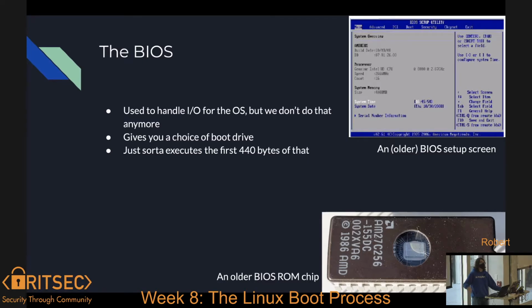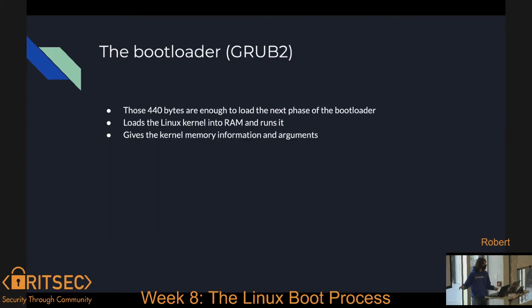So on Linux, the BIOS loads the first 440 bytes of grub, which isn't enough to load all of grub. So it's just a loader that loads the loader. So it loads the loader, and then grub switches the CPU out of 1978 mode in order to not be incredibly 70s.